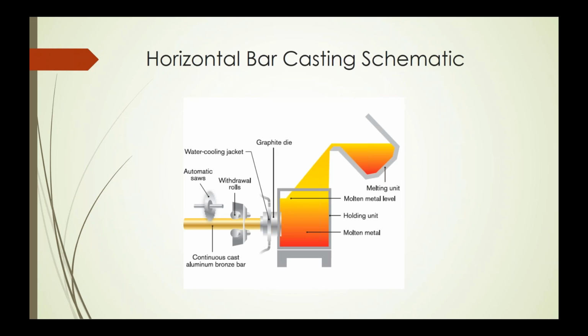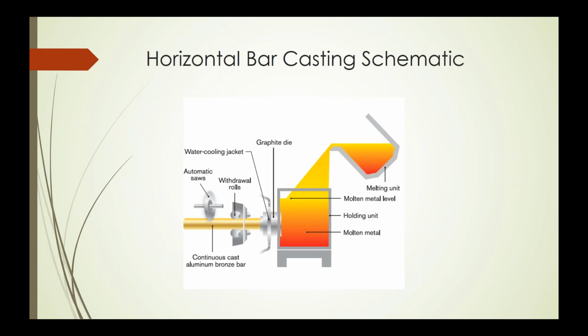Horizontal casting, and okay, it has bar casting, but in this case it indicates a continuous cast aluminum bronze bar. That's one of the alloys that is better served by casting horizontally. There are others, aluminum bronze, nickel aluminum bronze, and some others. They have a long freezing range.